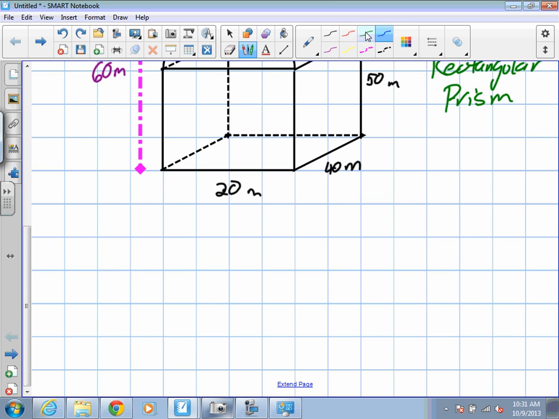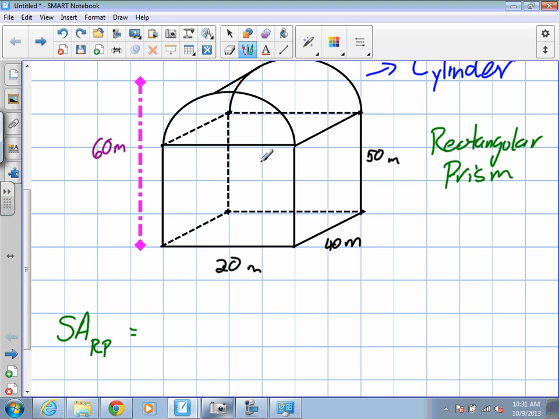So, for our rectangular prism, we're going for the surface area, and I'm going to put a little subscript here, RP, which means for the rectangular prism. The surface area is essentially the area of every face of a three-dimensional object. So we're going to try to highlight this, and it's going to get a little messy.